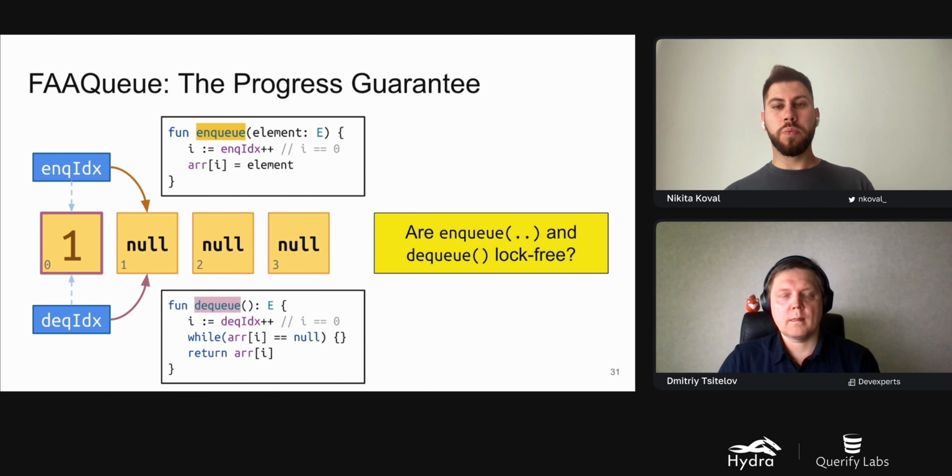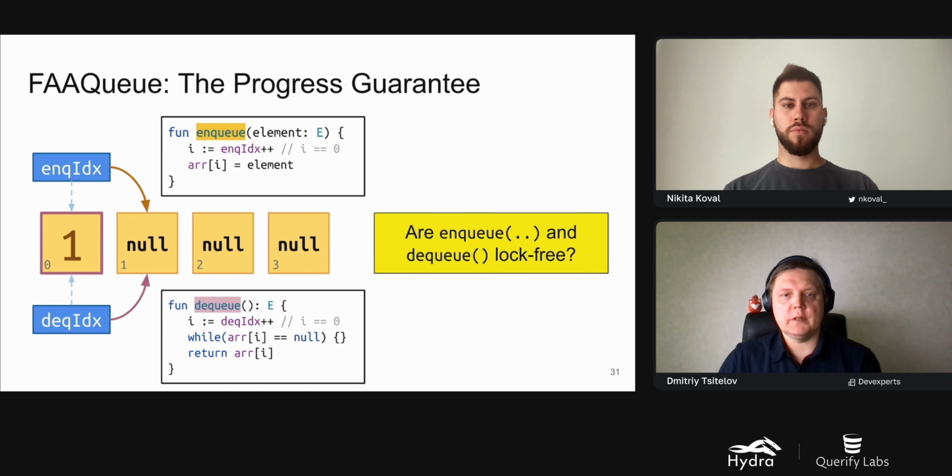So different concurrent enqueues work on different cells, and different dequeues work on different cells. So in case of multiple producers and multiple consumers, the situation is exactly the same. And similarly, one enqueue can block at most one dequeue in this unlucky situation.